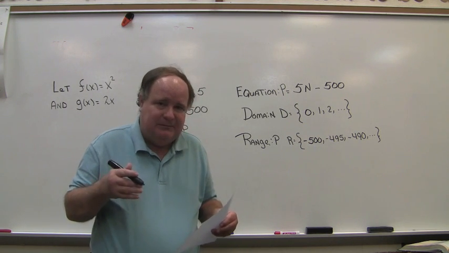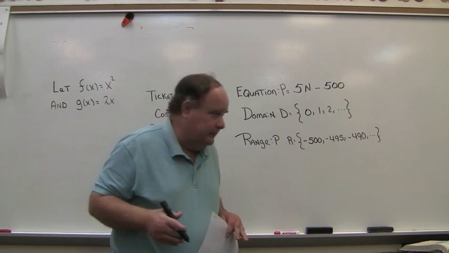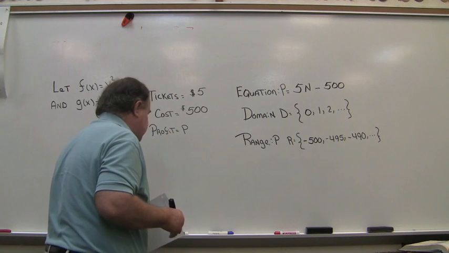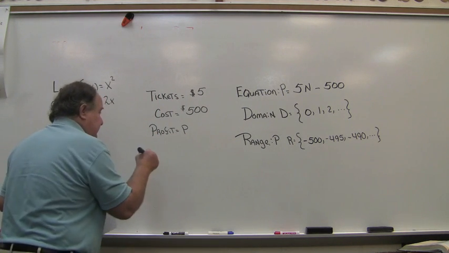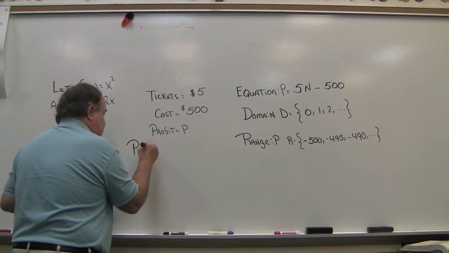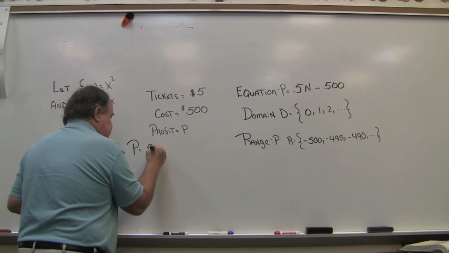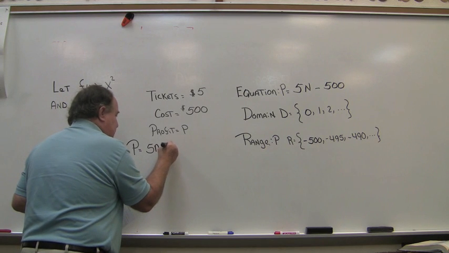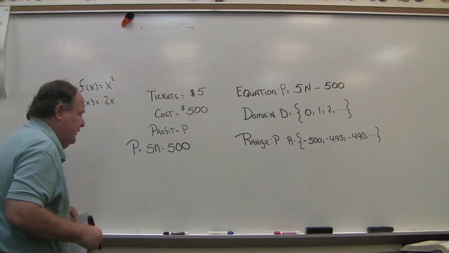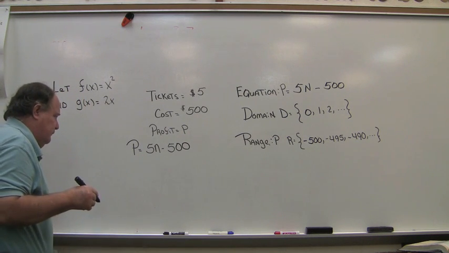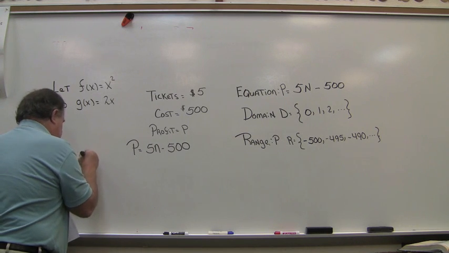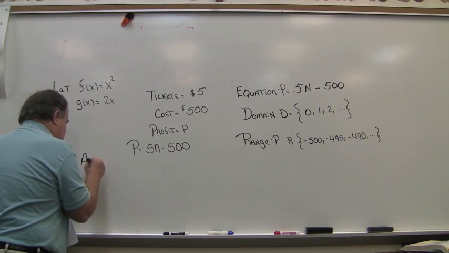Now, there's two ways to write a function, and we're going to use this equation to write our function. So I'm going to come over here and say my profit P equals 5n minus 500. Now the very first way that we can write this in functional notation is called the arrow notation.